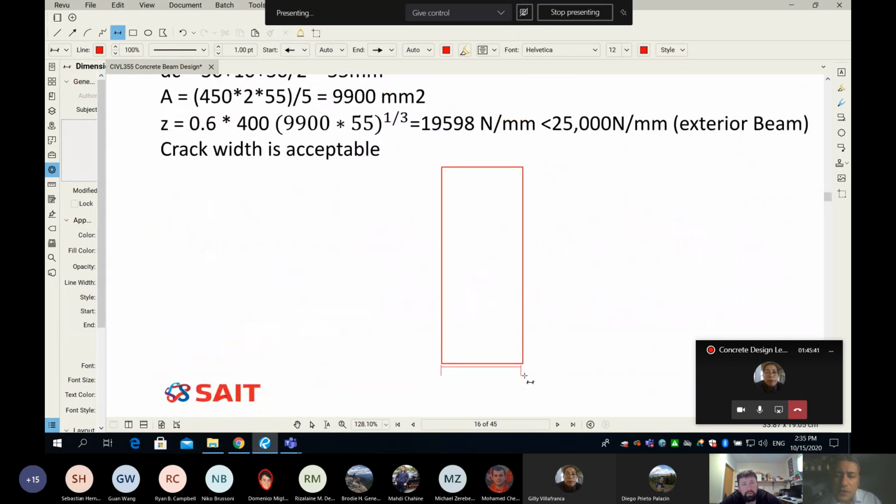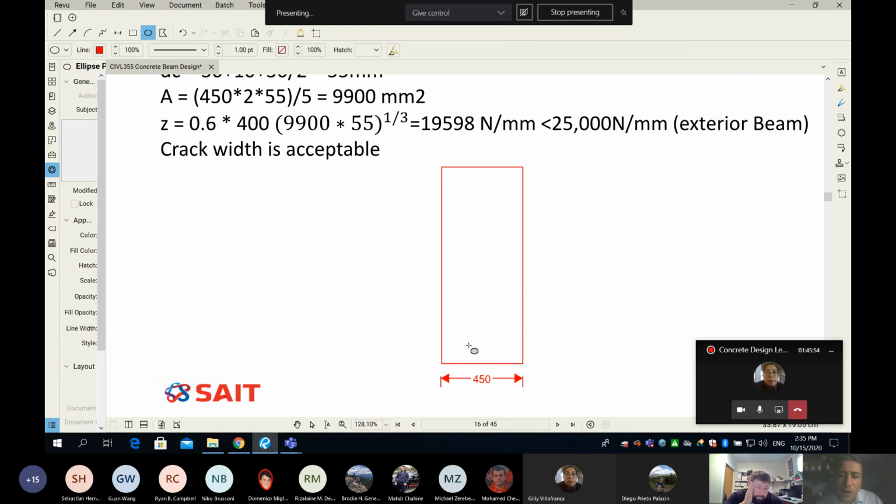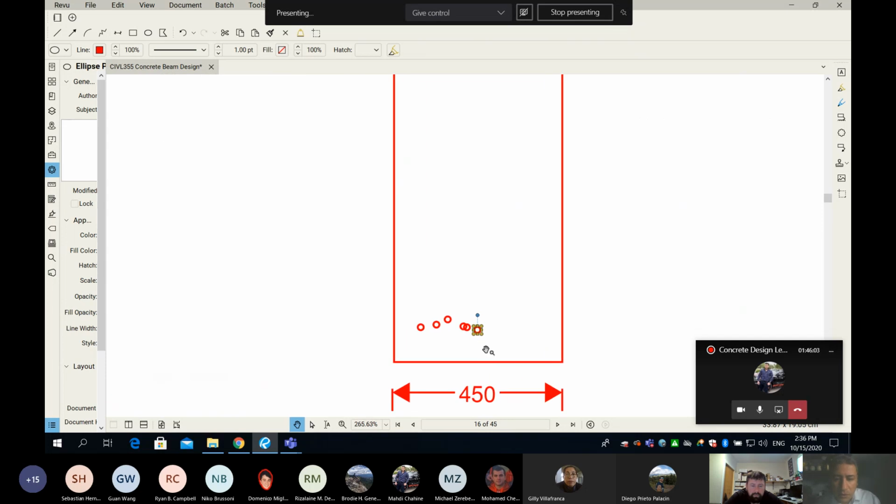So this number here, that's the width of my beam, 450. Remember my beam for today, the width was 450. If you guys remember that. And then how many bars do we have? We have 5 bars.